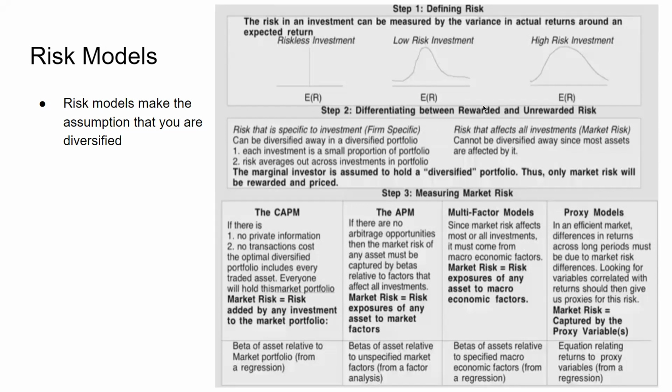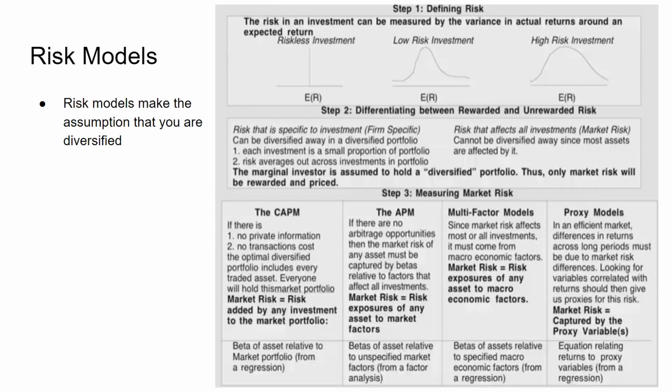Now, differentiating between rewarded and unrewarded risk. Risk that is specific to an investment is firm specific risk, right? This firm specific risk is what we consider when we're not looking at the stock market. Firms have other risks besides what the stock market carries. Now, let me go back a little bit.